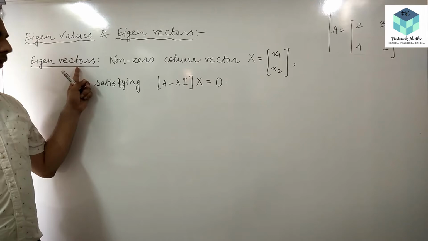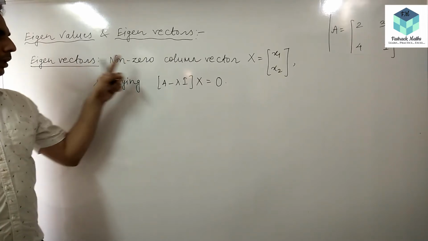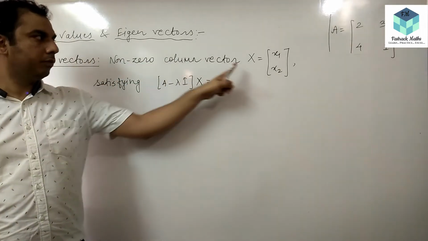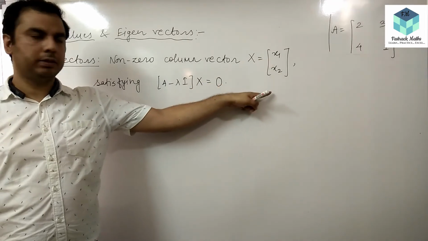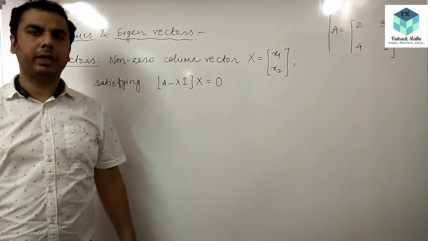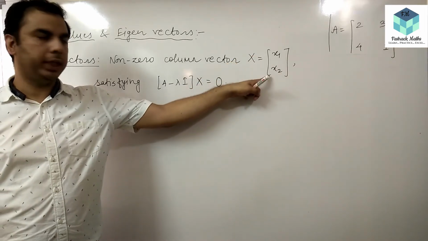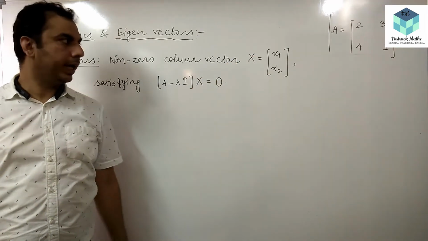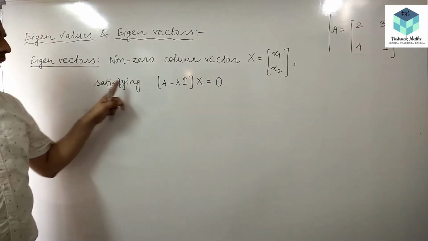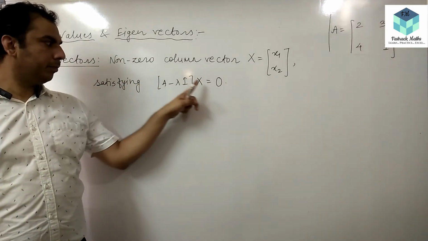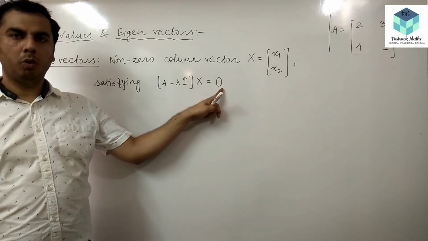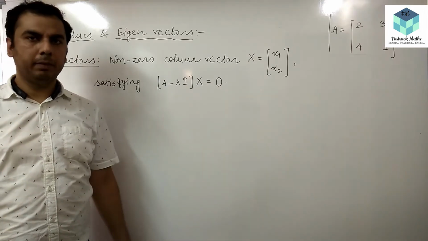Now, eigenvectors are nothing but the non-zero column vectors of the form x1, x2, x3, suppose we are talking about a matrix of order 3. If we are taking a matrix of order 2, then we take the vector like x1, x2, which satisfies A minus lambda I times x is equal to O, where O is the null matrix.